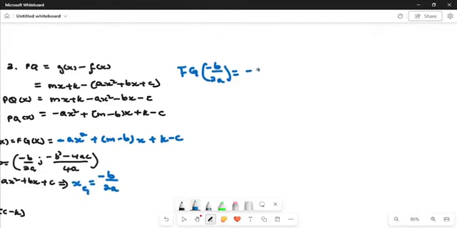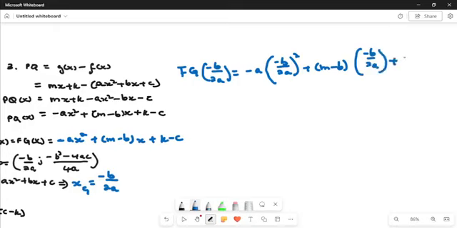So we've got minus a, and then our x value is squared, so minus b divided by 2a, all of that is squared, plus the difference of m and b multiplied by our x, which is minus b divided by 2a, and then plus k minus c.